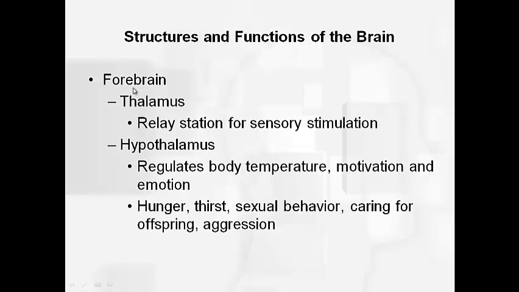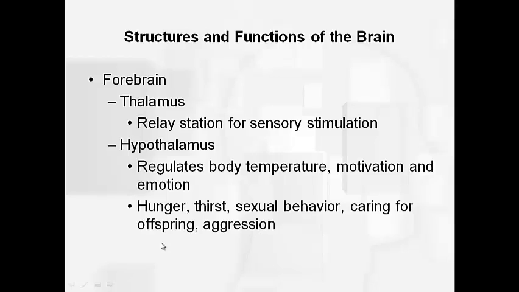Then comes the forebrain, that includes the thalamus, which is a relay station for sensory stimulation coming into the brain from the periphery of our body. The hypothalamus regulates body temperature, motivation, and emotion.